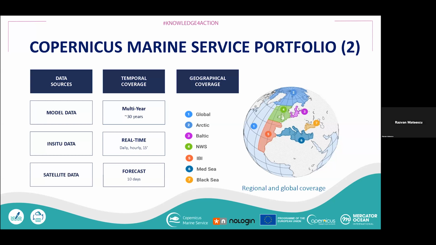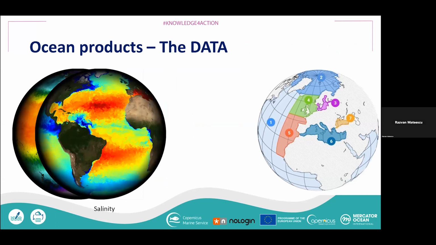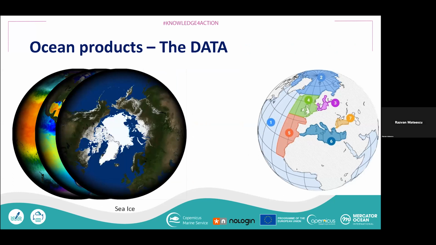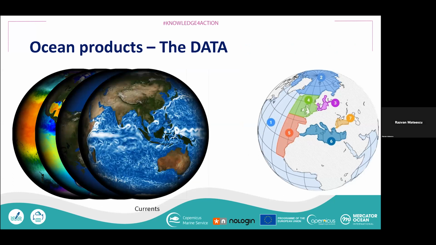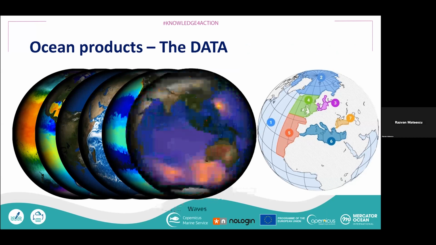And for this regional and global coverage, there are specific products like temperature, salinity, and these are the most important parameters you'll find here. Currents, sea currents, chlorophyll, ice, and sure, waves in your area of interest, including coastal and open sea.